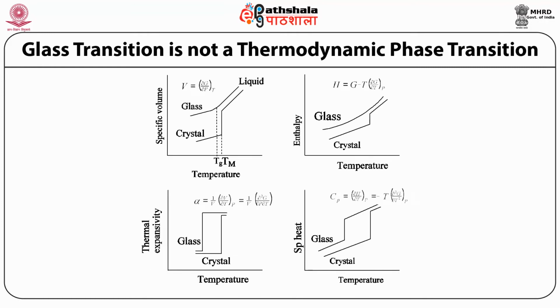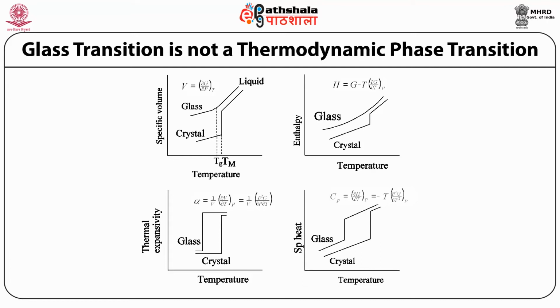The glass transition is not a thermodynamic phase transition, and let's see why. From the first figure on the left hand side, you can see the variation of specific volume with respect to temperature, and the specific volume V is given as the rate of change of G with respect to P at constant temperature. This specific volume is unchanged at the temperature of the transition, but there is a sudden change in the slope, that is, the coefficient of thermal expansion.